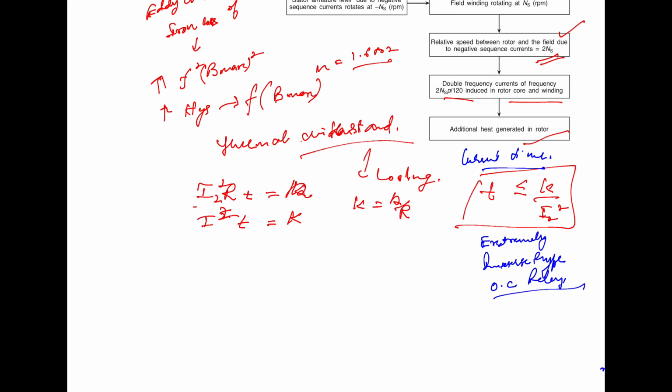An inverse type overcurrent relay which is fed with the negative sequence component of the stator current gives protection against the unbalanced loading of the generator.